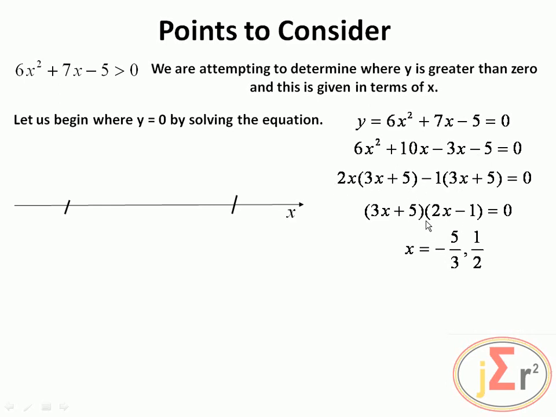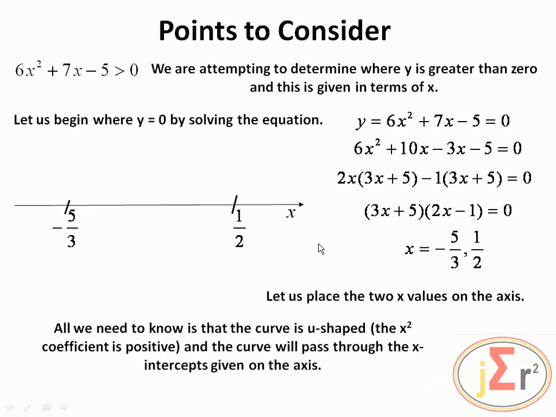When we solve these, we get 3x plus 5 is equal to 0, so x is equal to negative 5 over 3. And 2x minus 1 is equal to 0, so x is equal to a half. So let us place the two x values on the x-axis right there.